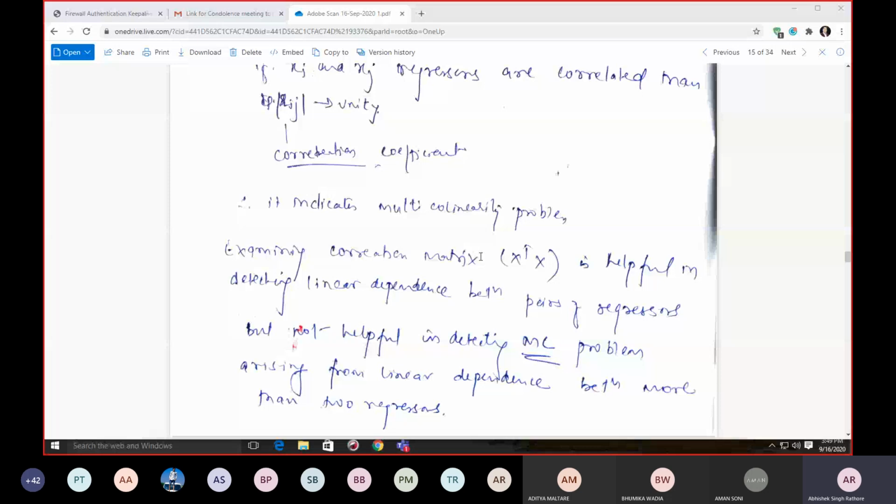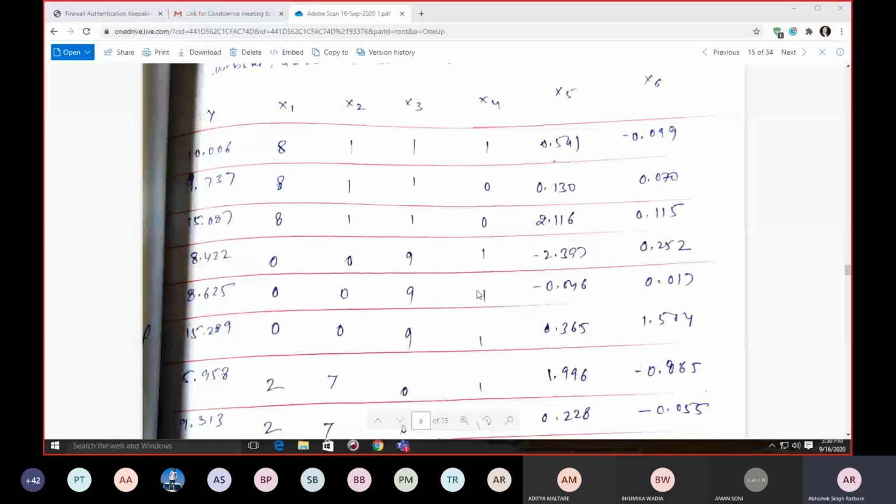So let's consider an example of our data. This is my y, and this is x1, x2, x3, x4, x5, and x6. This is my data that is available here.